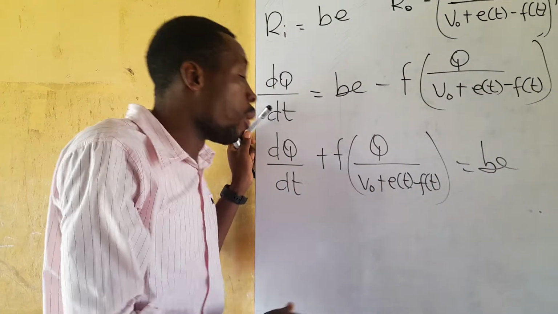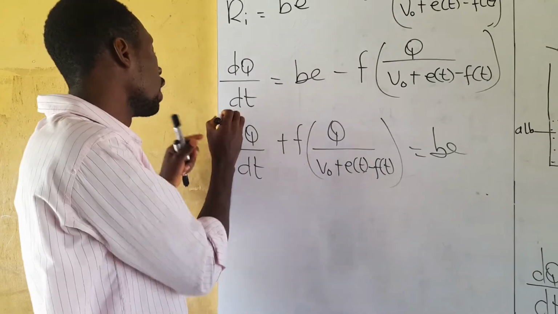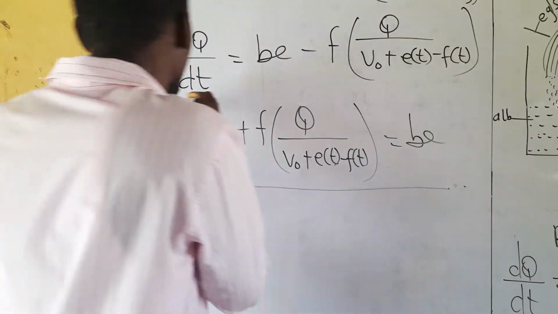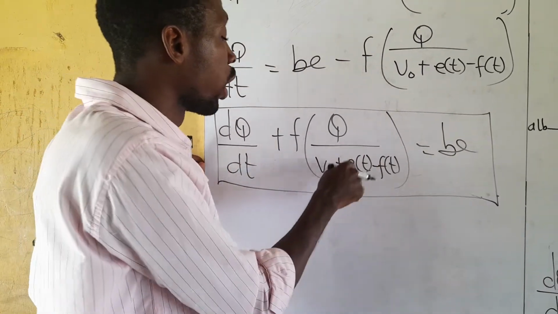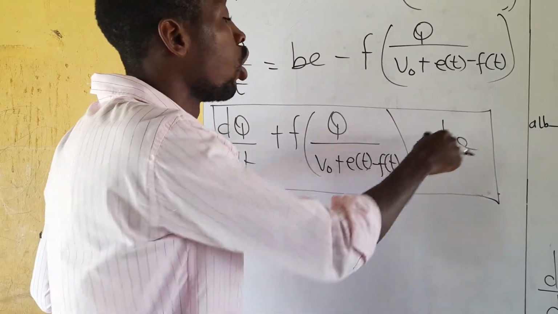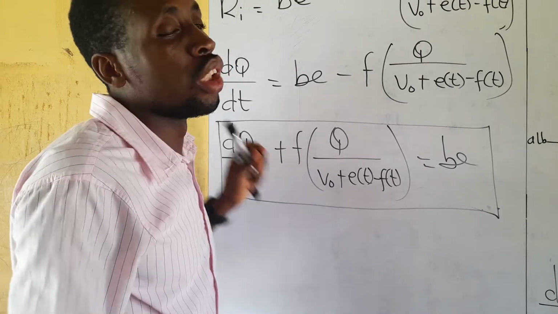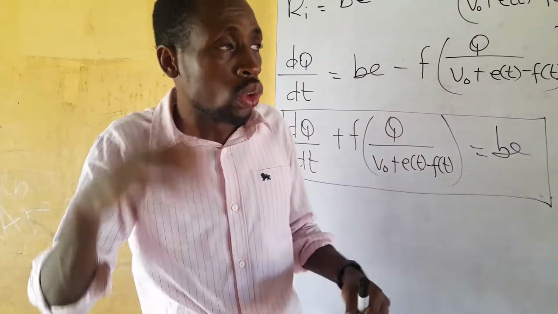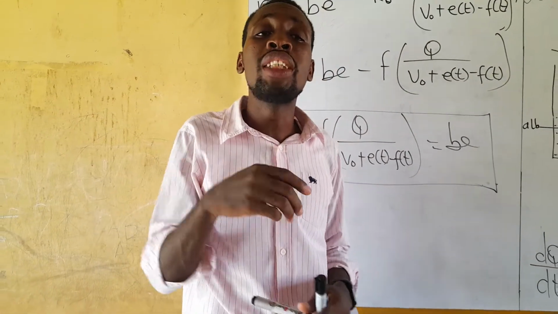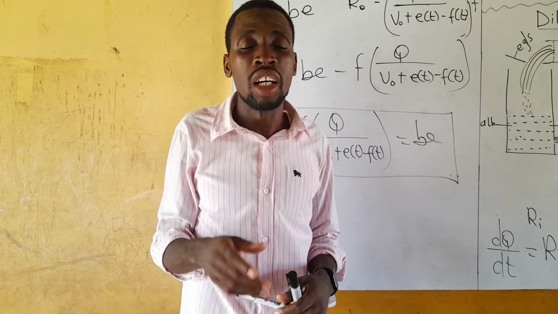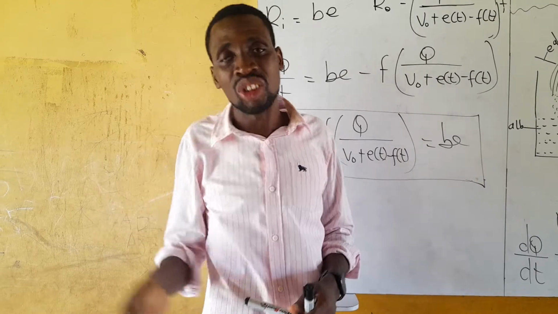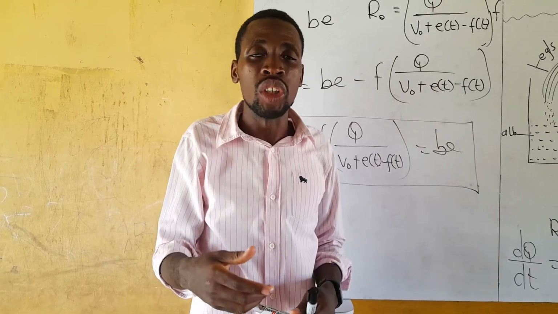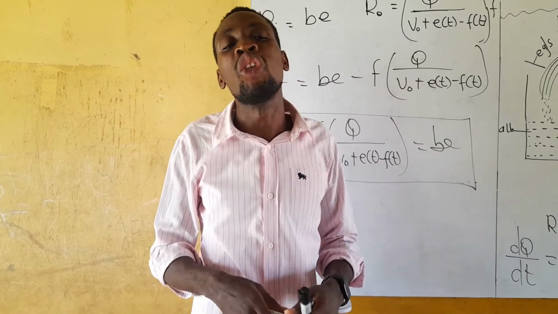So if the problem is given to us, all we need is this. Then we locate our V naught, locate our E, locate our F, locate our B, then we substitute, then we start solving. When we substitute, we'll be able to know which first order ordinary differential equation will be applied in solving it. We'll take a sample question so that we'll apply this for you to get a concept.